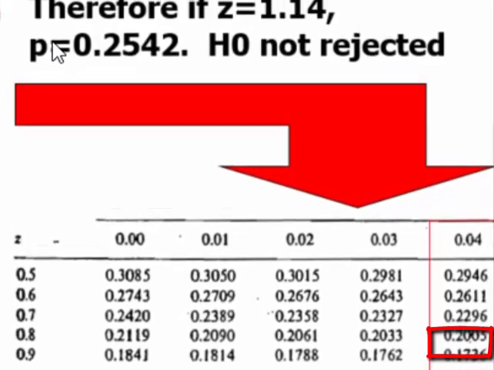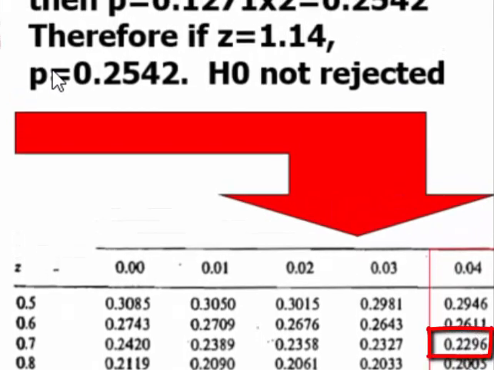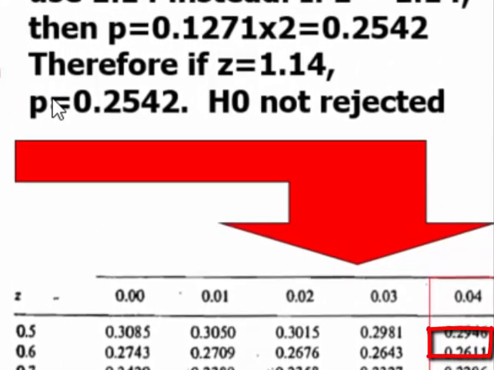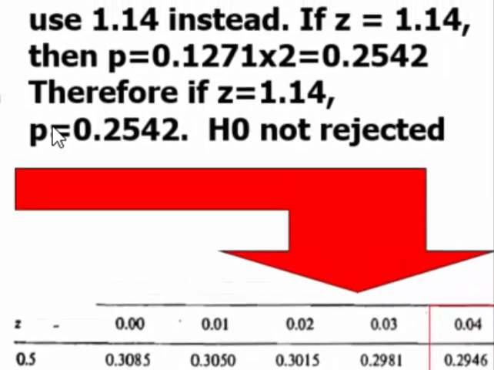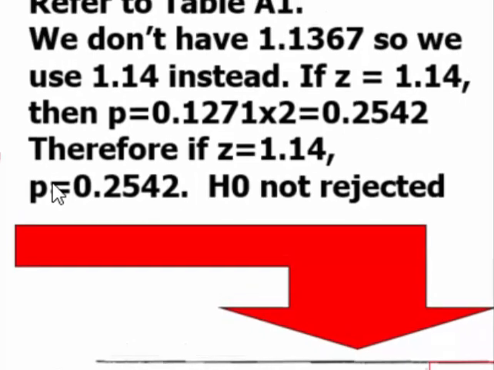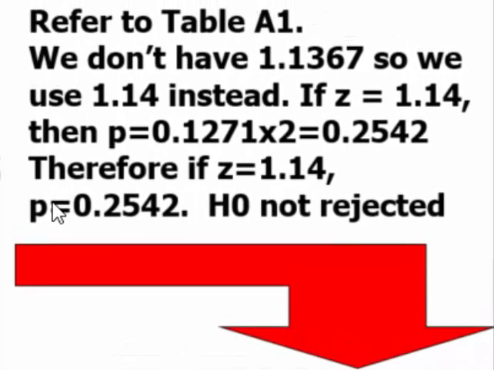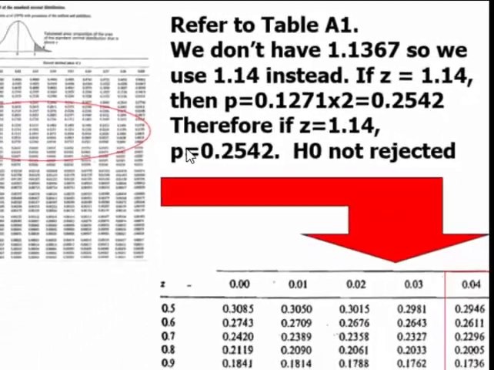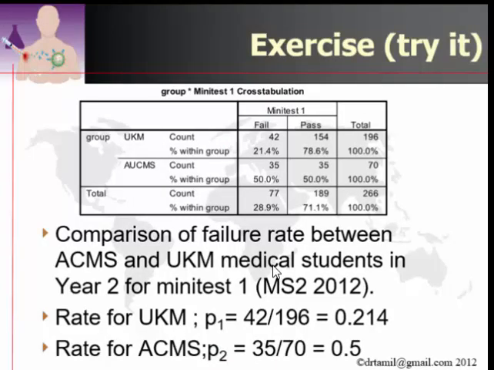So 0.2542 is larger than 0.05. So the null hypothesis is not rejected. I repeat: 0.2542 is larger than 0.05, so the null hypothesis is not rejected. And with that, we finish the exercise. Thank you very much.